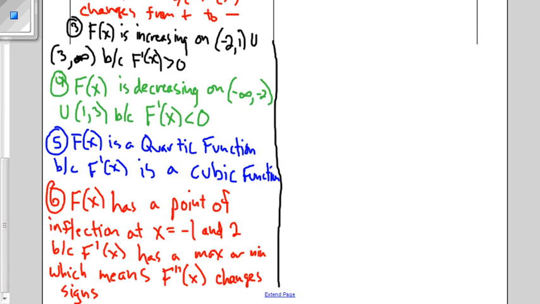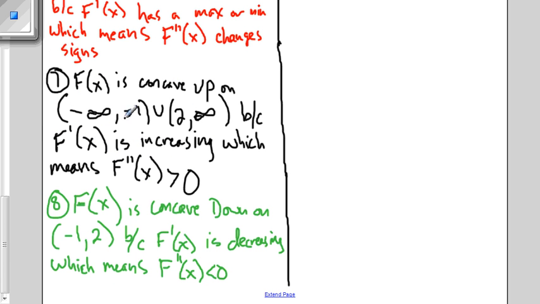Okay, last two conclusions about the original function. The original function is going to be concave up on the intervals from -infinity to -1, and again from 2 to infinity. Why? Because the derivative itself is increasing, which we can conclude means the second derivative is positive.